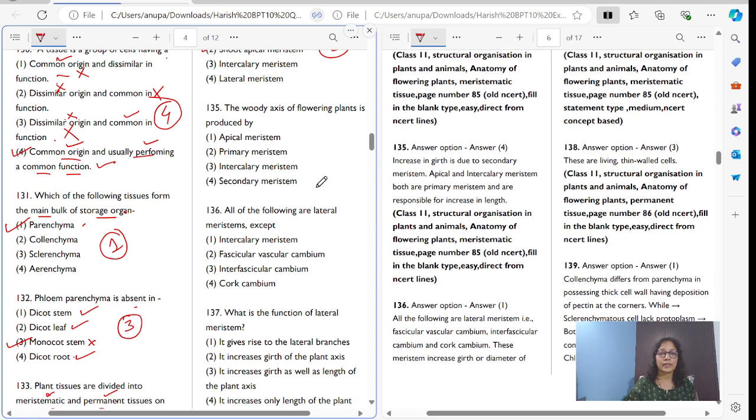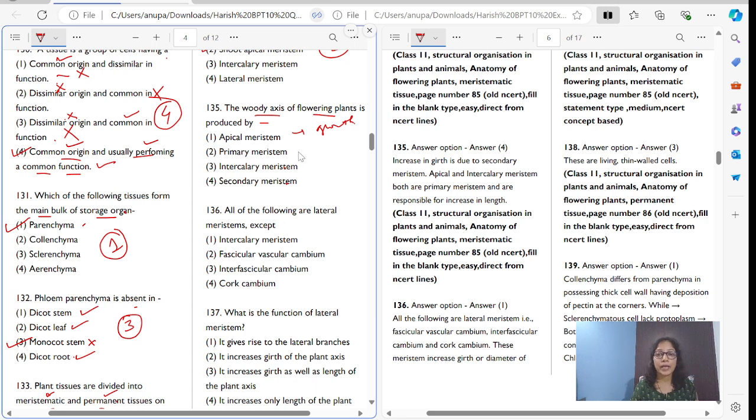This question states that the woody axis of flowering plant is produced by. The options are apical meristem, primary meristem, intercalary meristem, secondary meristem. We know that apical meristem is responsible for growth of the plant, so it would not form the woody axis of flowering plant.